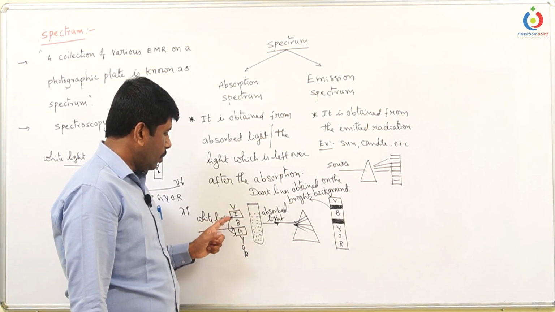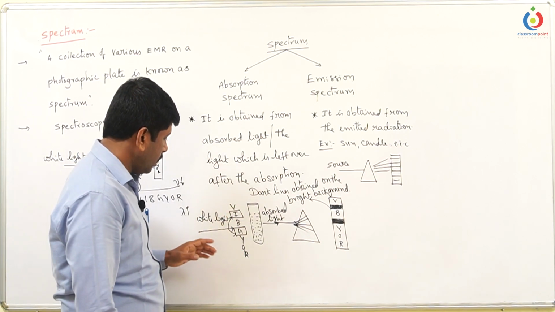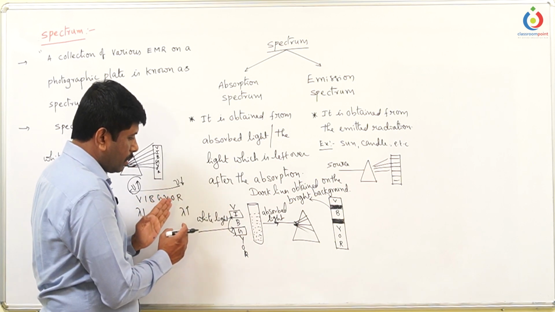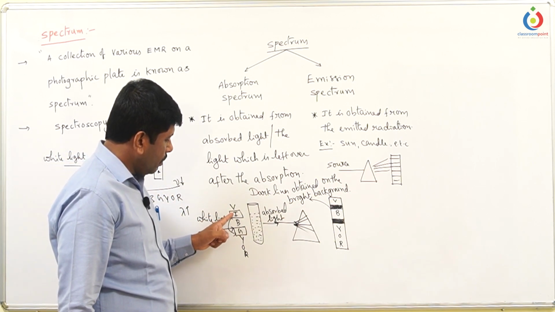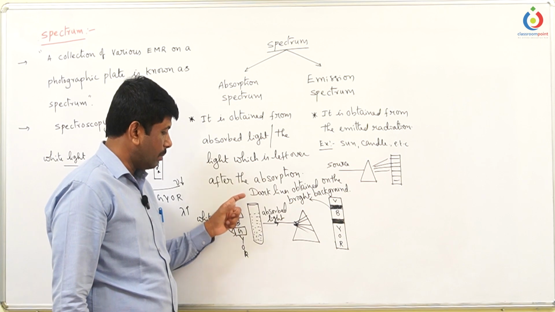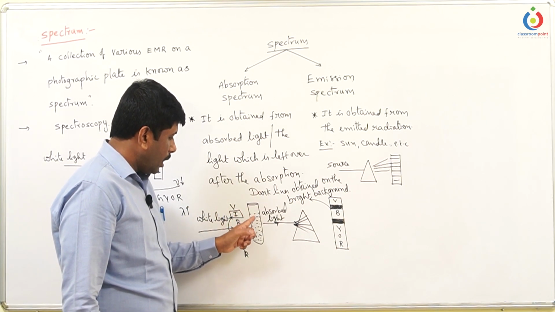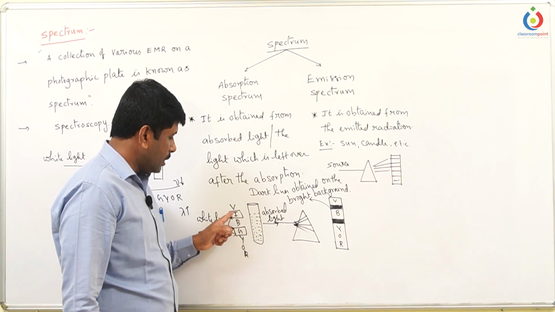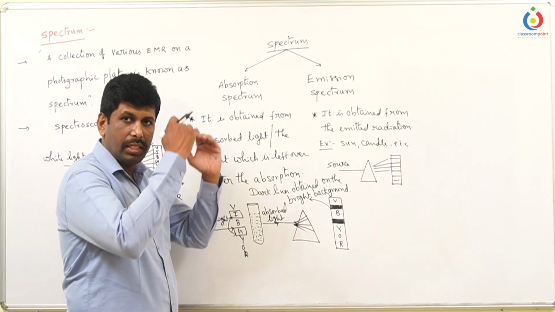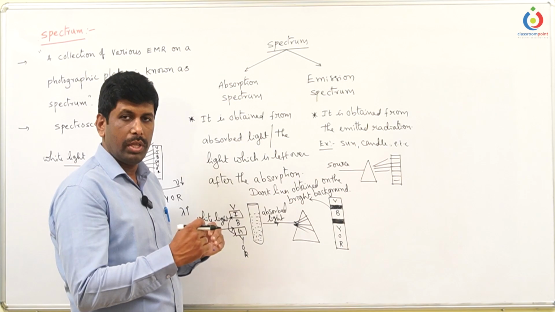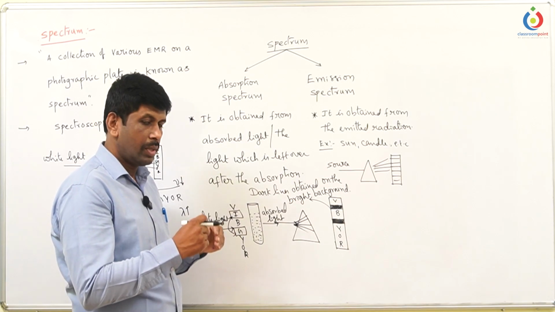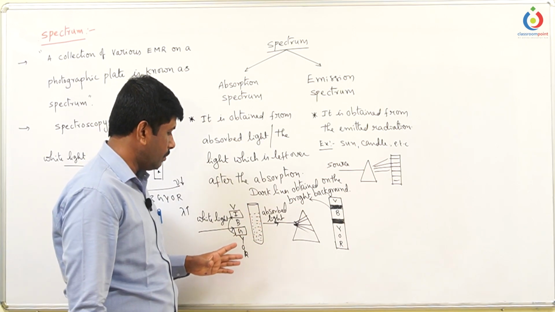Now, if you want to get the emitted radiation from here, then remove the source. Earlier, indigo and green colors had been absorbed by the absorbing material. Whenever you remove the source, these material particles, which initially absorbed the indigo and green colors and went to the excited state, release the same amount of energy when they come to the lower ground level.